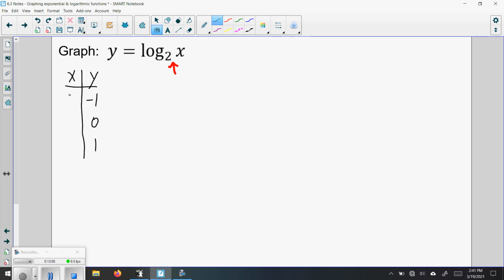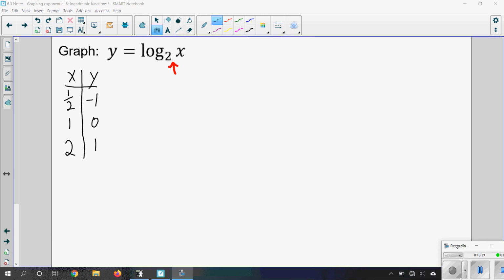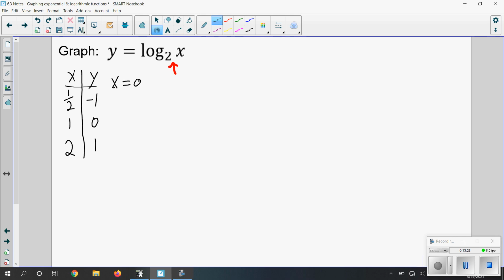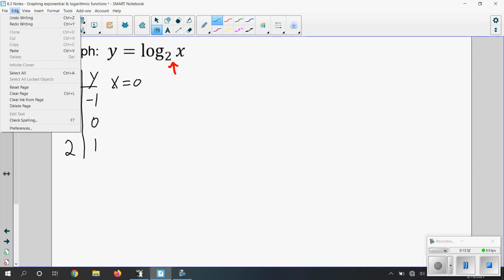So 2 to the power negative 1 is a half. 2 to the power 0 is 1. And 2 to the power 1 is 2. Now, since the exponential has a horizontal asymptote, that means the log is going to have a vertical asymptote of x equals 0. So we'll go ahead and graph this.